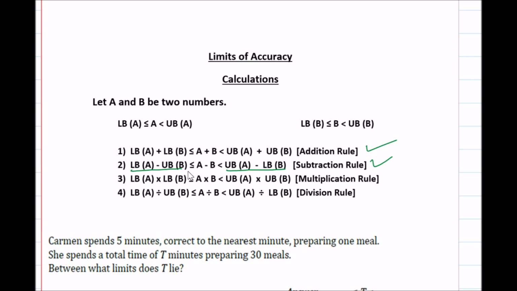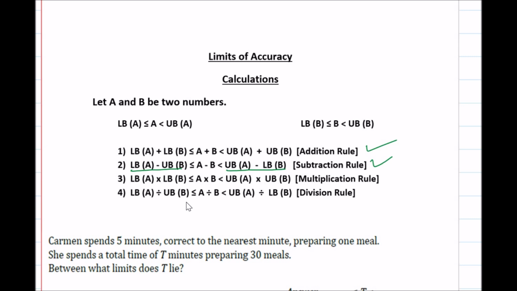In case of upper bound, we will take both numbers' upper bounds and multiply together. So, you see the rules for addition and multiplication are similar, the same. And for subtraction and division, the rule is the same.